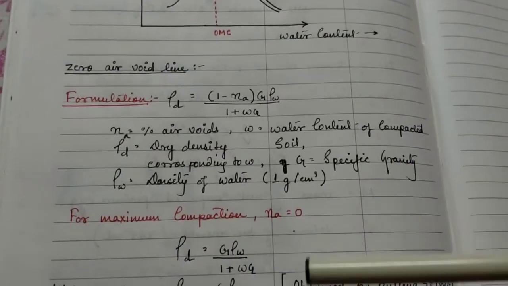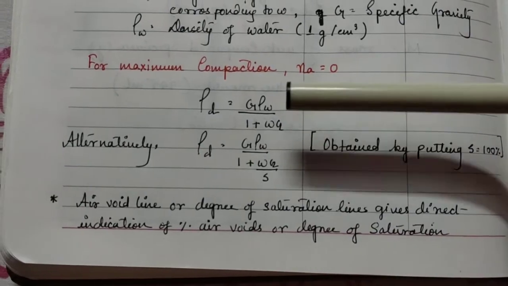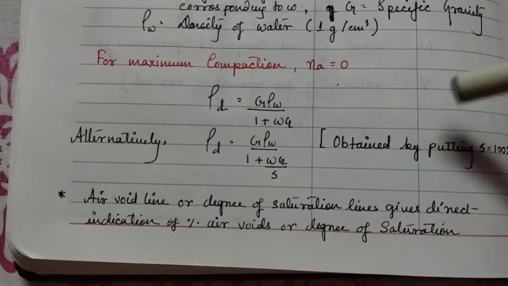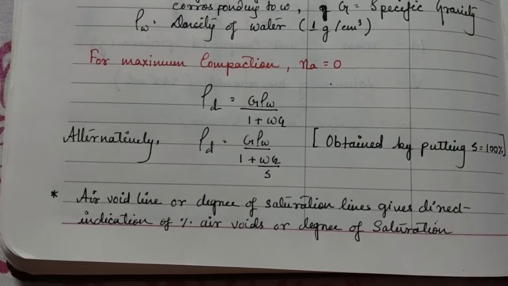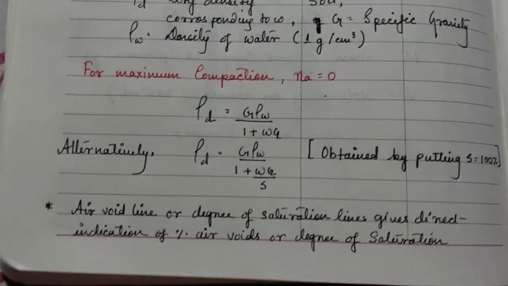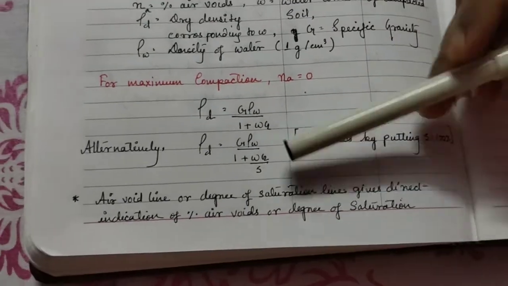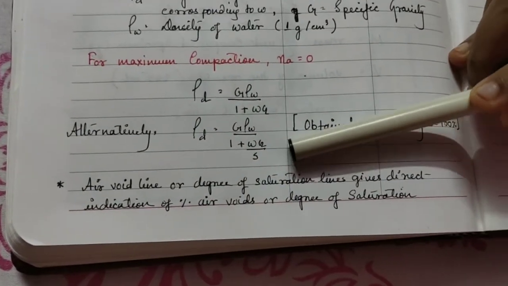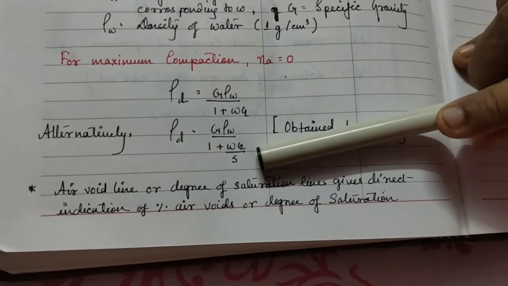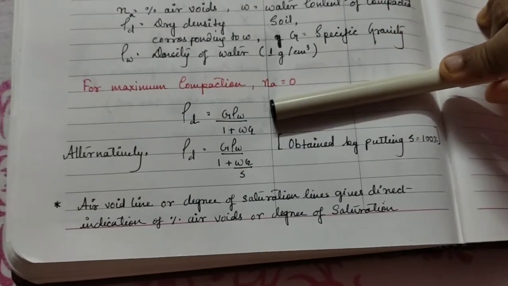Alternatively, we can also use this equation, where rho d is given by G rho w divided by (1 plus wG by S). You have already studied this relationship in the previous soil mechanics class, where S is the degree of saturation. When we put the degree of saturation as 100 percent, that is, S equals 100, we again get the previous formula.